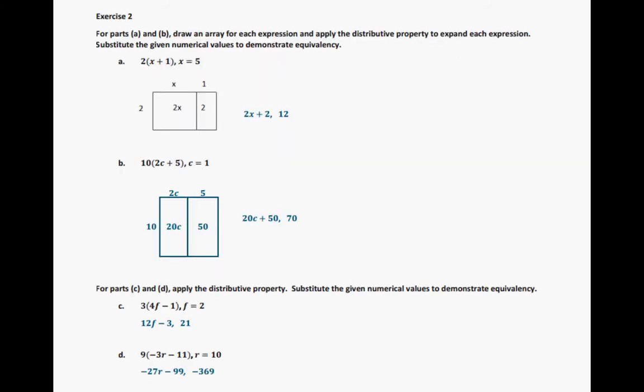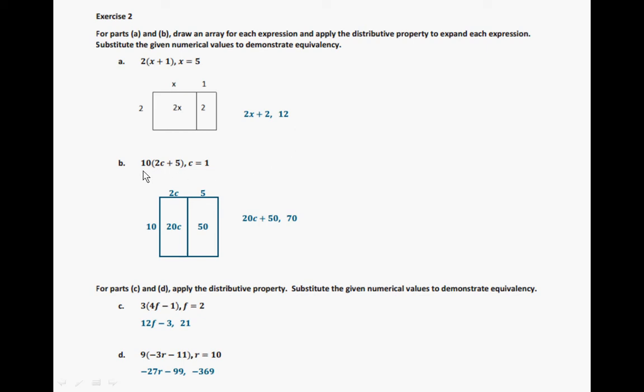All right, so here is exercise 2, drawing an array and applying the distributive property. So if we have the quantity of x plus 1 multiplied by 2, that becomes 2x plus 2. And 2x plus 2, if we substitute x with 5, would end up being 12.